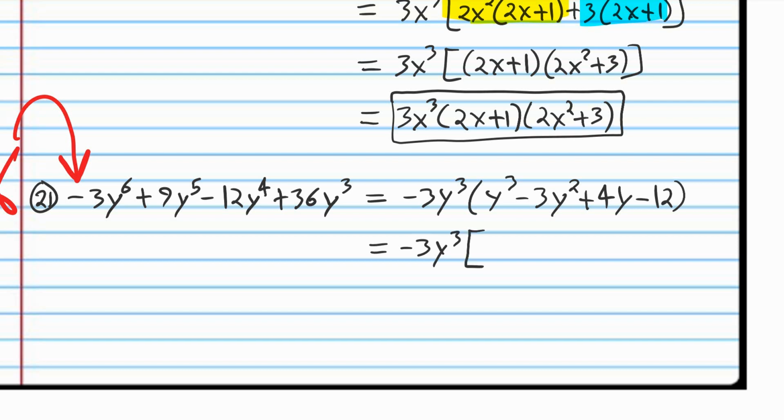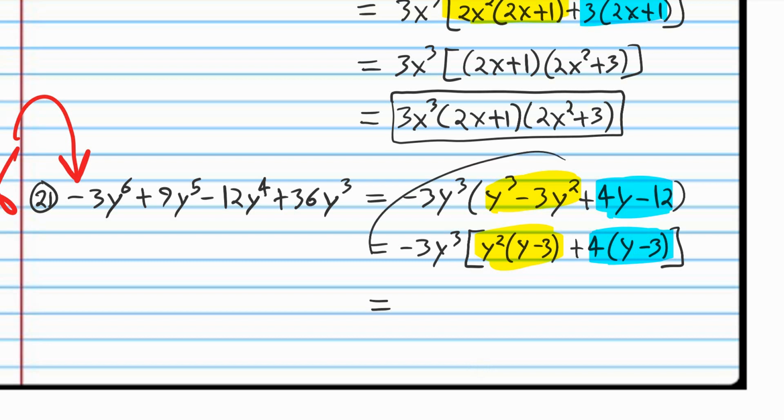Put your brackets. These problems are very intimidating, so I'm color coding to show you where each term is coming from. That looks correct, and it's a good sign because we have a common factor, y minus 3 and y minus 3.